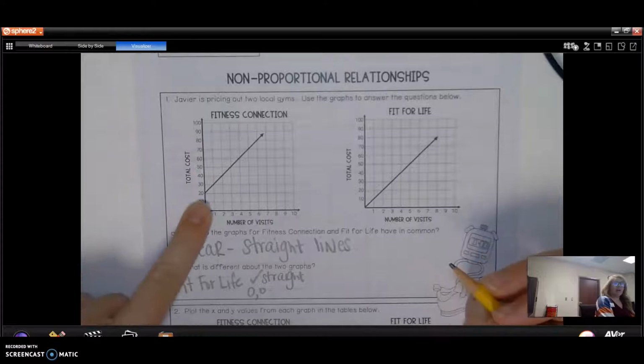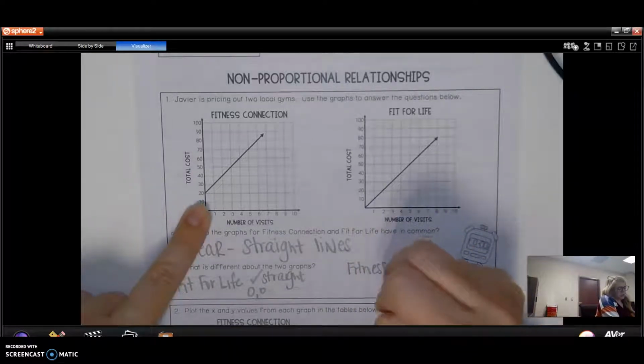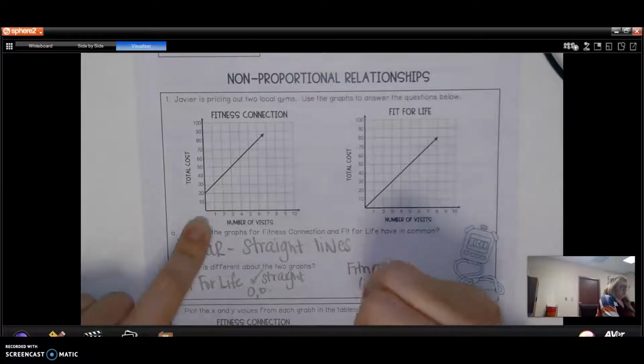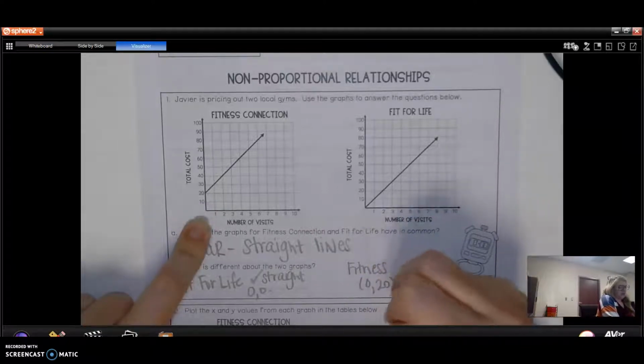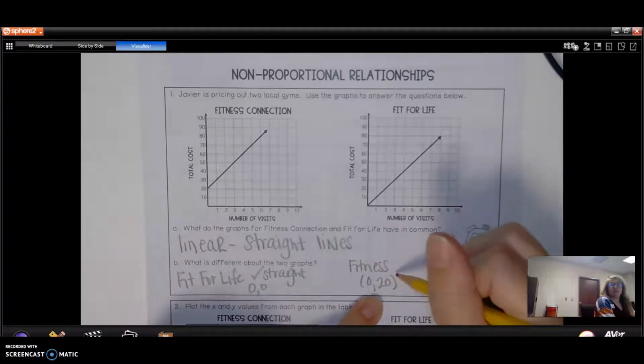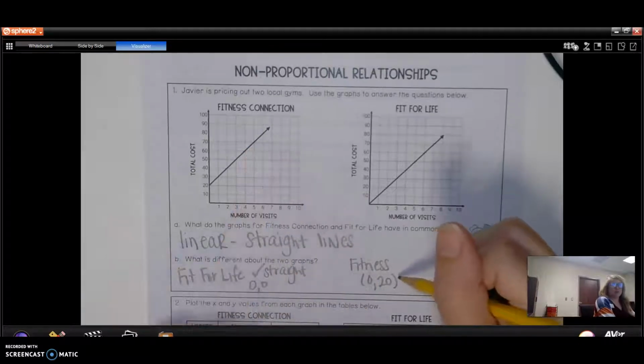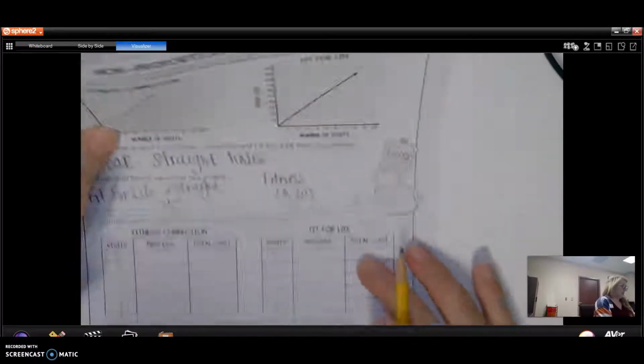But over here, for Fitness Connection, it seems like it starts at 0 and then 20. So that's not starting at the origin, so that's a little bit different of a start. So this is a relationship that's not proportional. So let's see if we can figure out why.